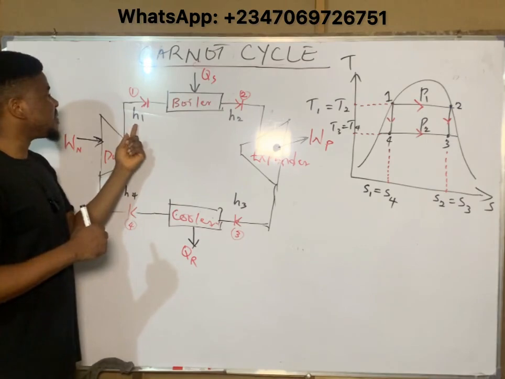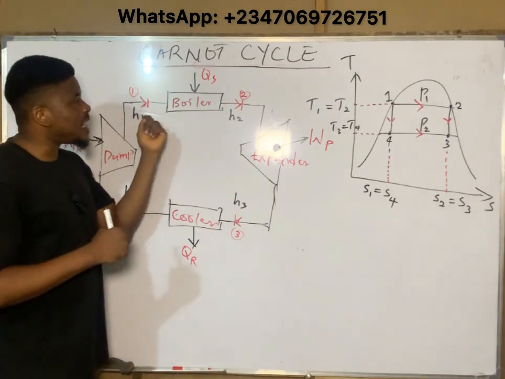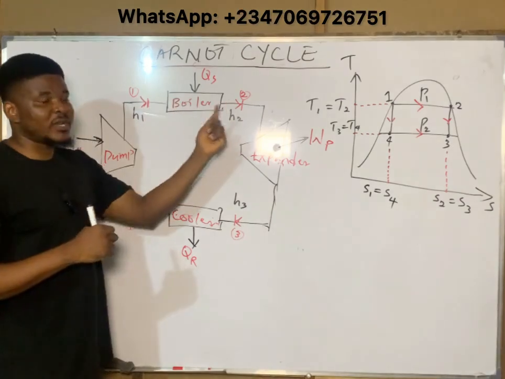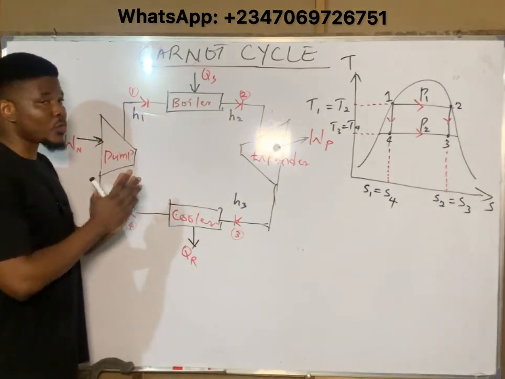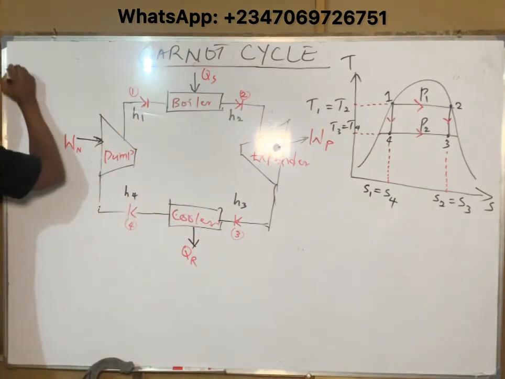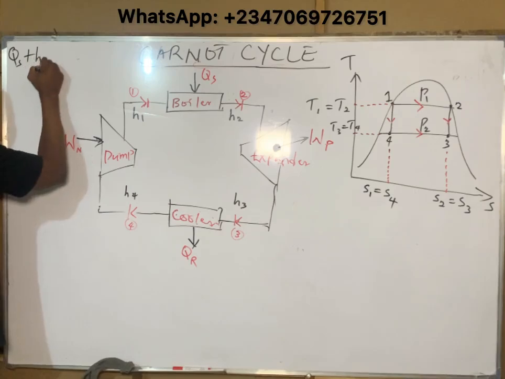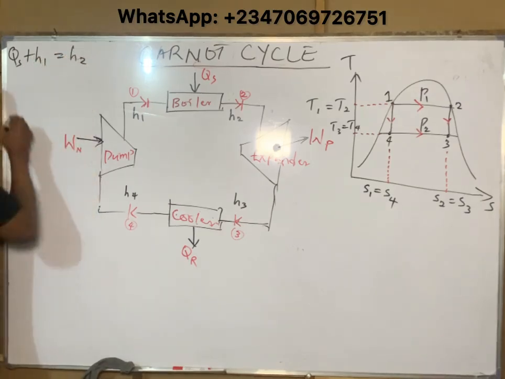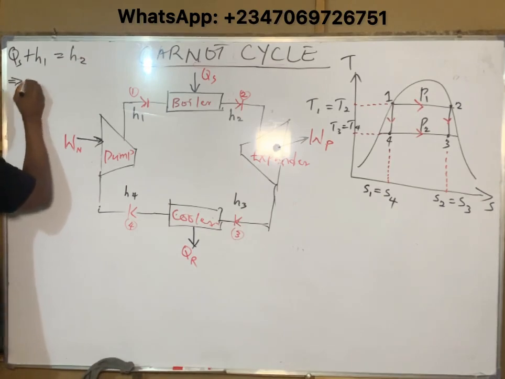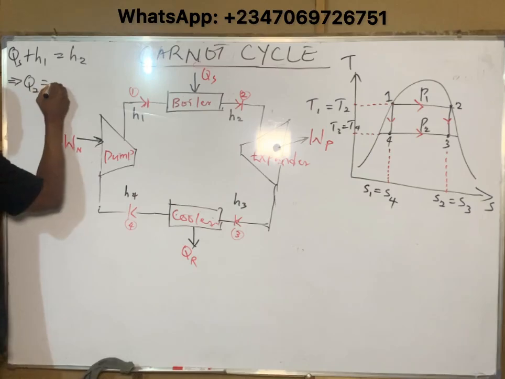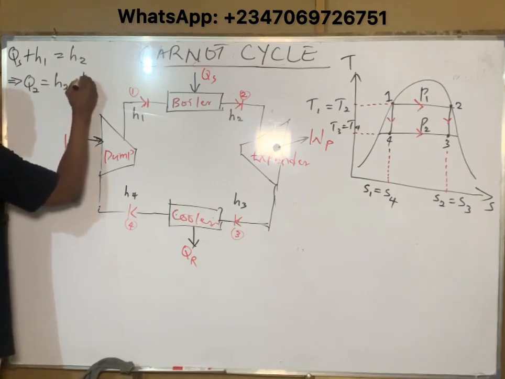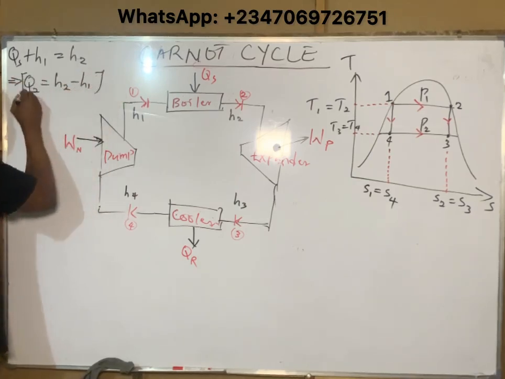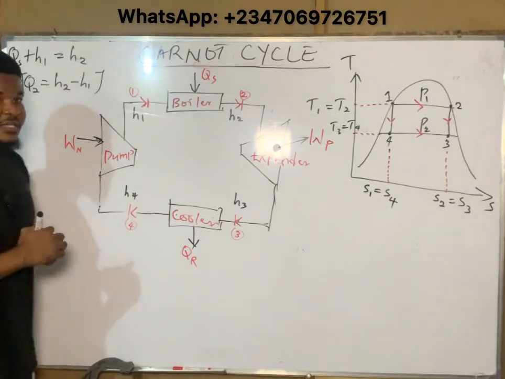I have enthalpy H1 entering into the boiler. I have enthalpy H2 leaving the boiler. Sum of what is entering equals what is leaving. So QS plus H1 is equal to H2. This simply implies that my heat supplied is equal to H2 minus H1. And this gives us our heat supplied in the boiler.